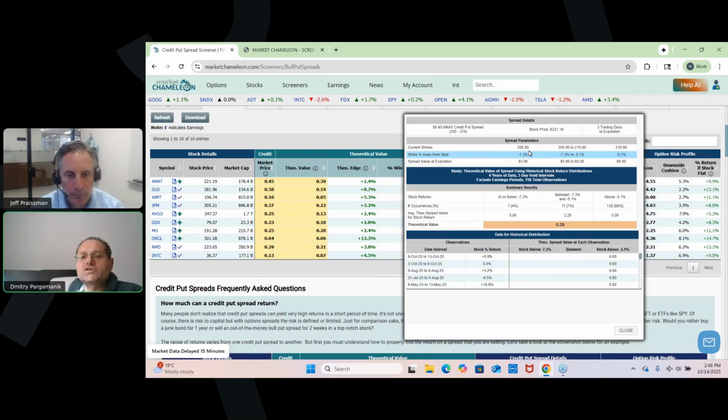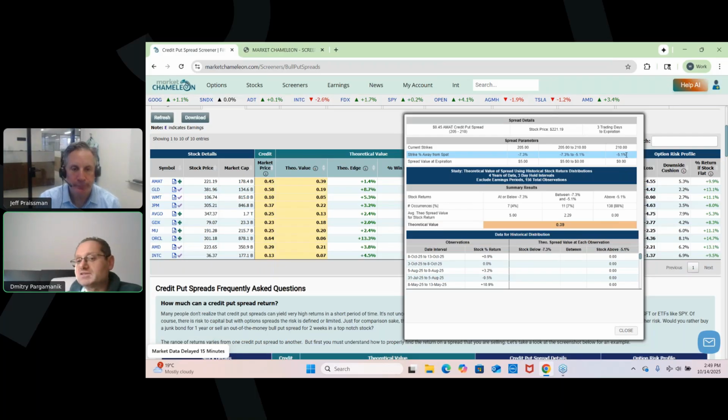If the stock goes below 205, this spread is worth $5, which means it has to move below 7.3%. For both these options to expire worthless, and so you make the 45 cents, the stock has to stay above 210, which is a 5.1% cushion or higher, right?